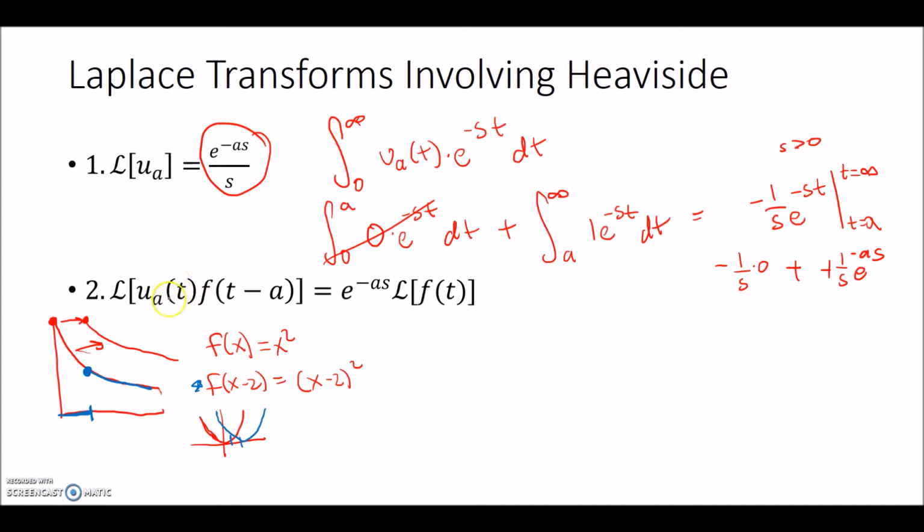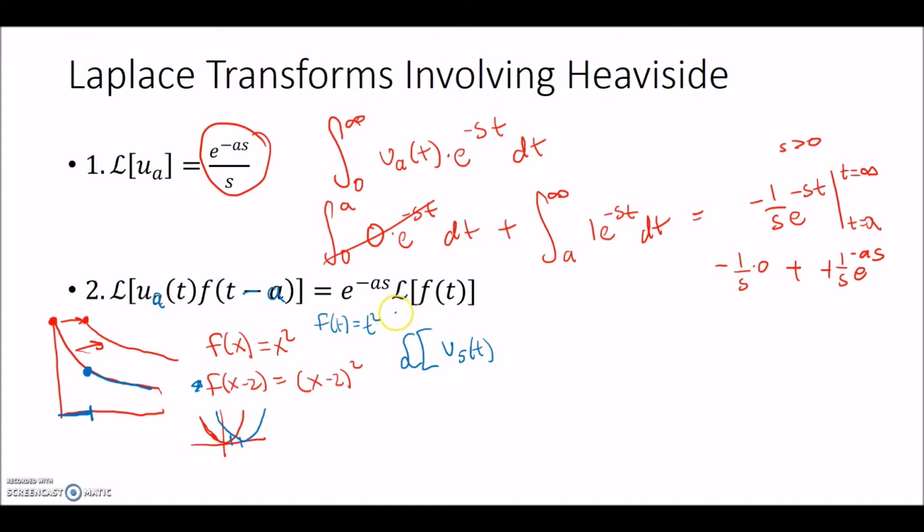Okay, so this makes sense that we would want a Laplace transform like this. I want this function to turn on at time a, but I want it to turn on a function that is shifted a units to the right. So for example, let's suppose that I want to take the Laplace transform of u sub 5 of t, and let's say f of t is equal to t squared.